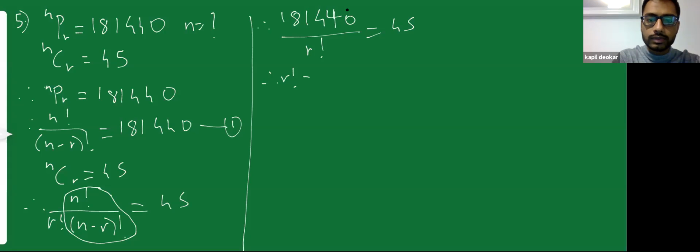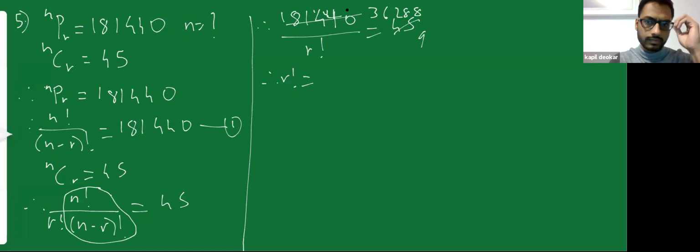Therefore, r factorial is equal to, divide this, 5 9s are 45, 5 3s are 15, 3 carry, 5 6s are 30, 1 carry, 2s are 4 carry, 5 8s are 40, and then cancel this out.